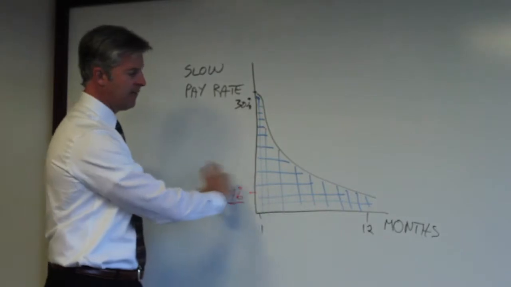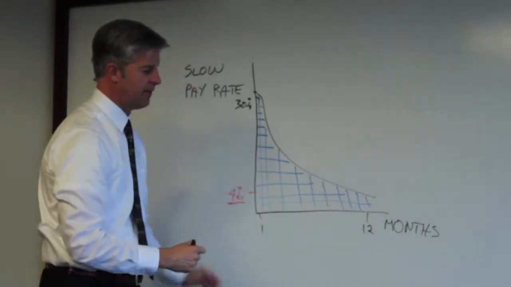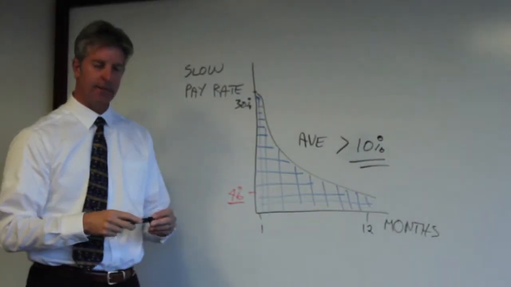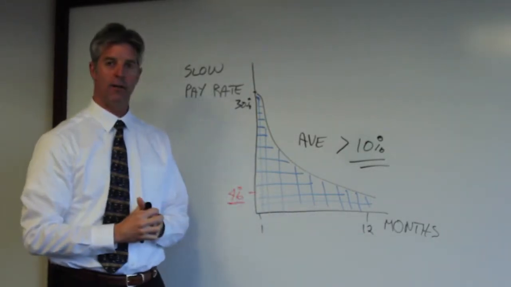The 40% buffer is more than covered, because right now, based on the longevity of the portfolio, our average slow pay rate is, sorry, this actually should be the other way around, less than 10%. If our average is less than 10%, we have a 40% buffer, you're obviously incredibly well covered.